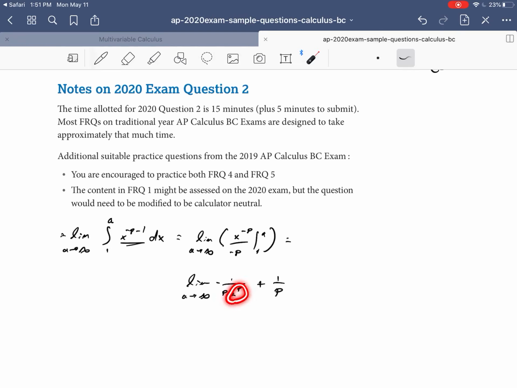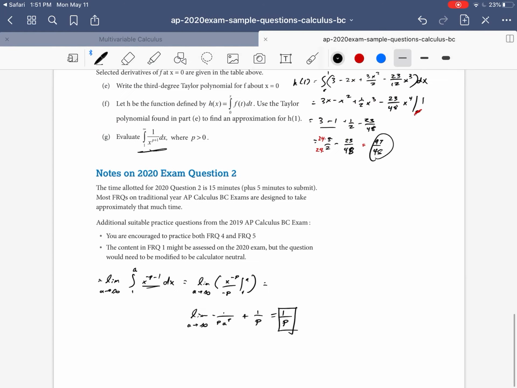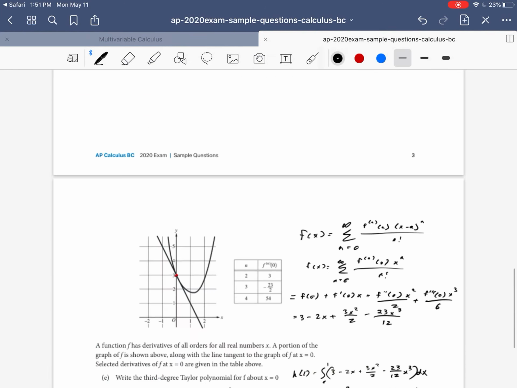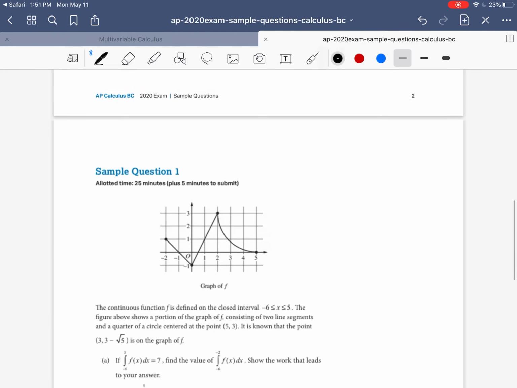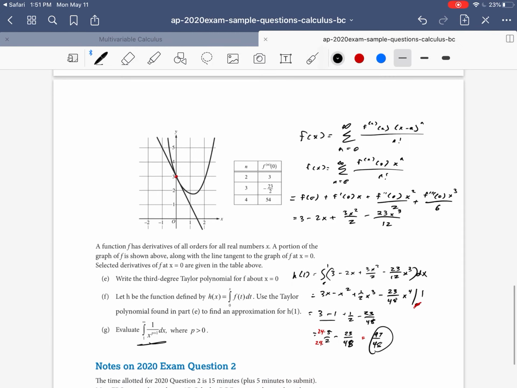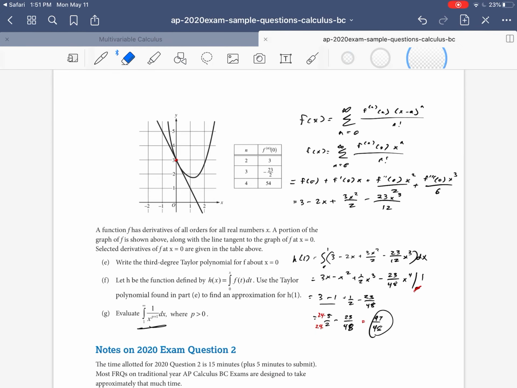So whenever we let a increase without bounds, a to the p is going to get bigger and bigger, and therefore 1 over a to the p is going to go to 0. So this whole thing goes to 0. And in the end, we get an answer of 1 over p. That's our final answer for this part.